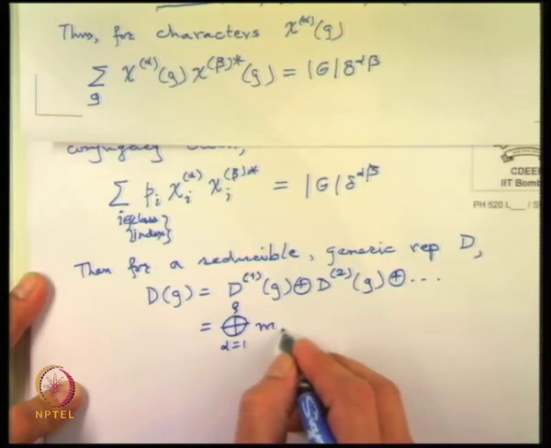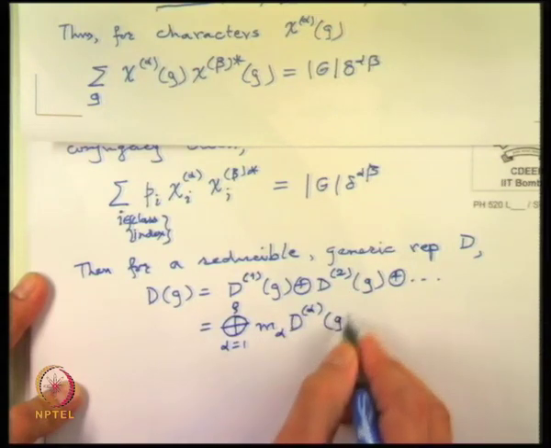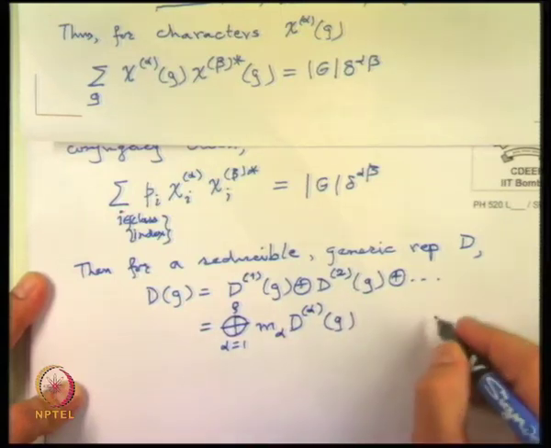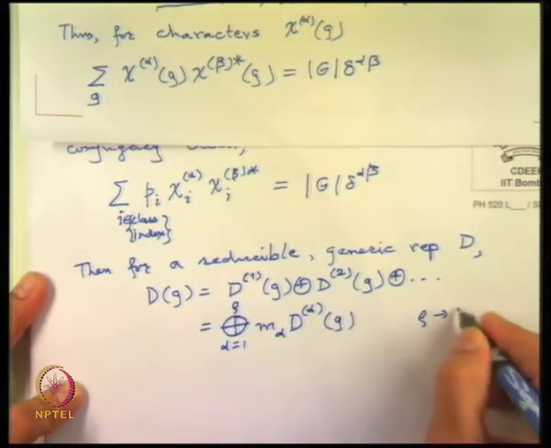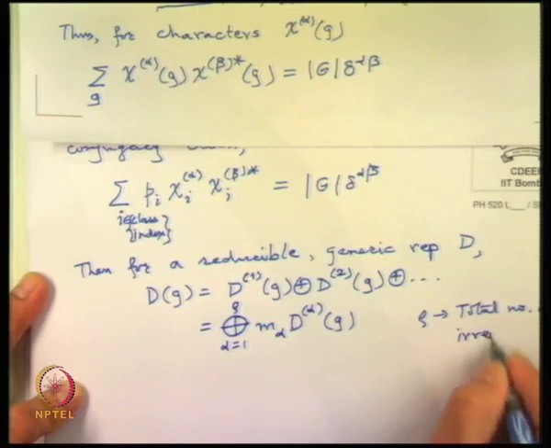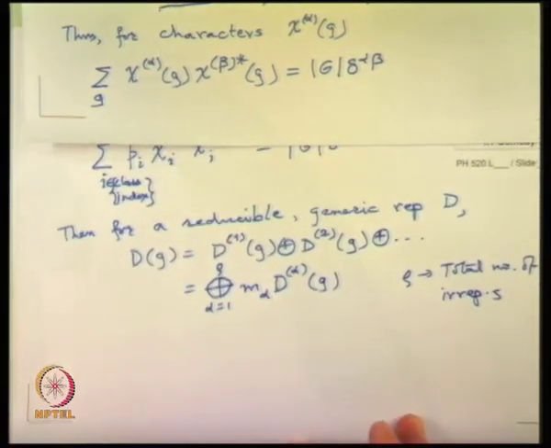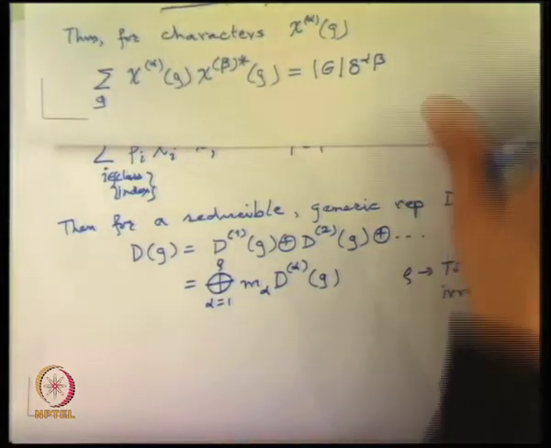We write this out as equal to m alpha times d alpha of g, and rho is the total number of distinct irreps, of course. Right.